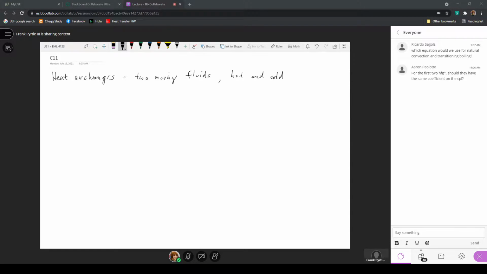The one that enters with the lower temperature is the cold fluid. So in this heat exchanger, these are places where heat is exchanged between the two fluids without the fluids actually mixing. All they're doing is sharing their energy so that heat is transferred out of the hot fluid and into the cold fluid. Heat transfer naturally occurs from a high temperature to a low temperature.